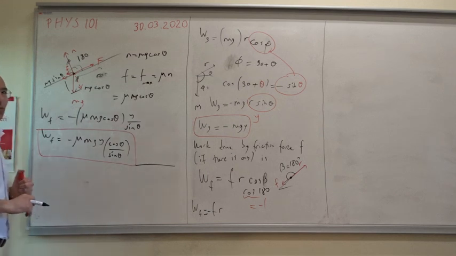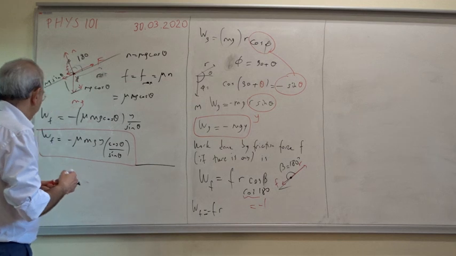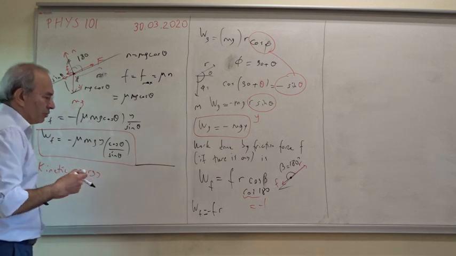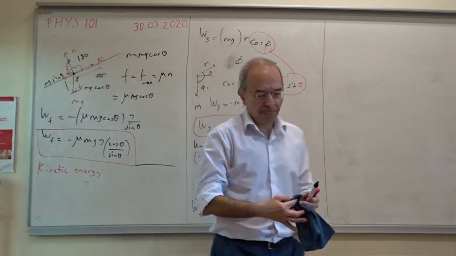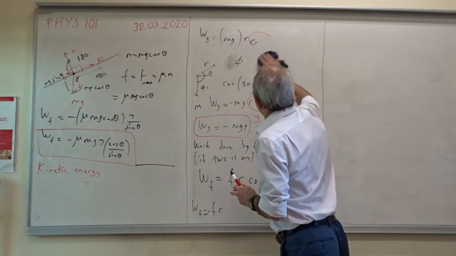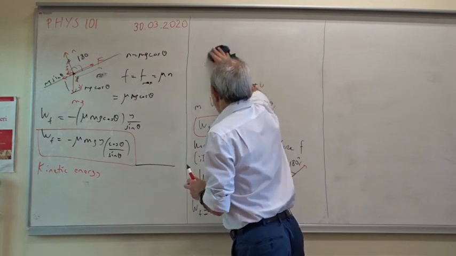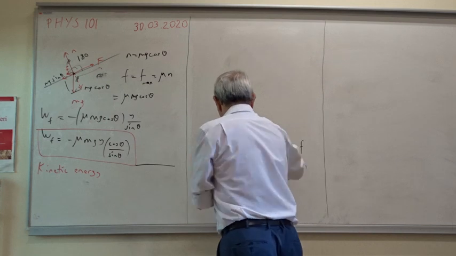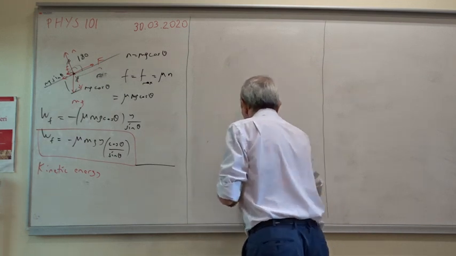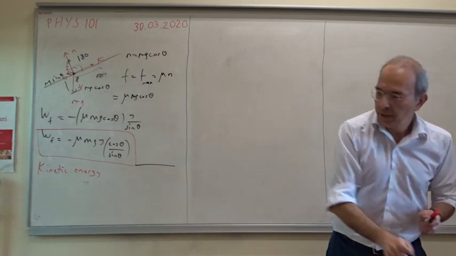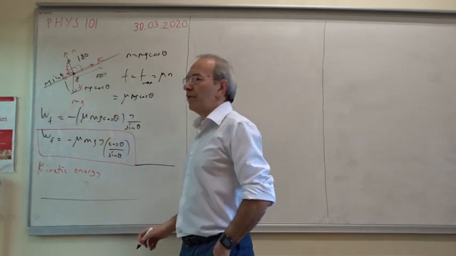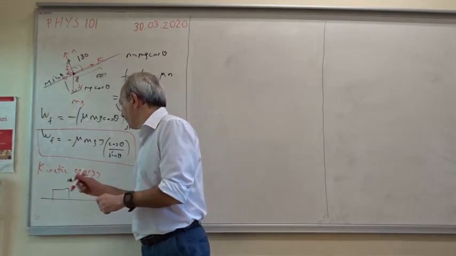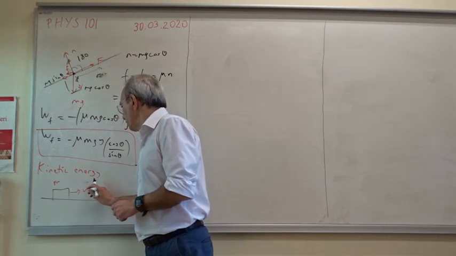Now let us define a new quantity, kinetic energy. We will come to the concept of potential energy later. What about kinetic energy? Now I assume that we have a horizontal plane and a block of mass m moving with some initial velocity v1.